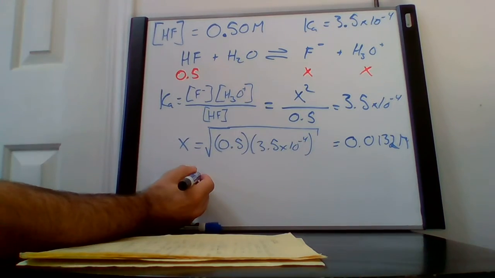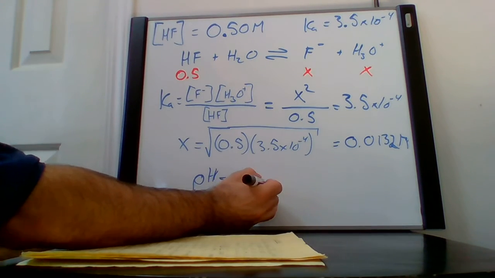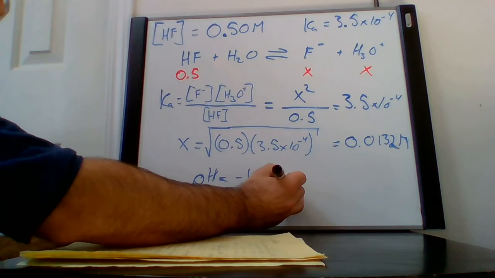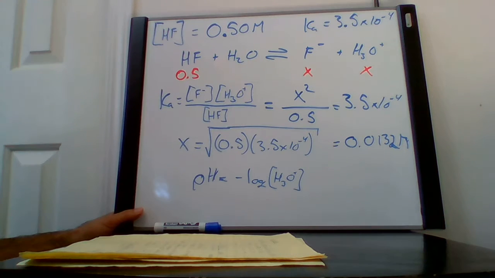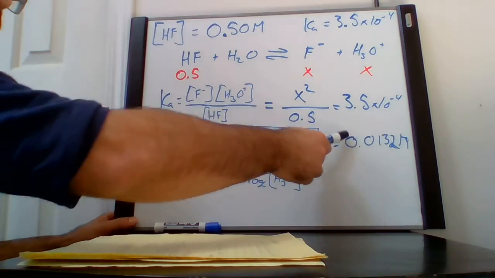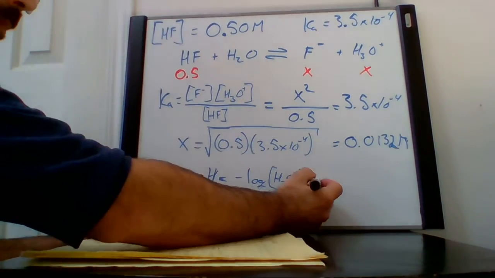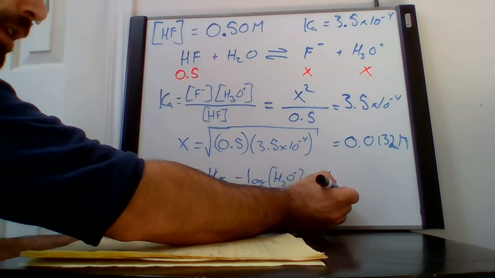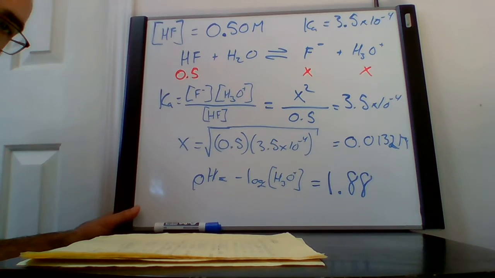Well, we know that pH is the negative log of that H3O plus concentration. So when I plug into my calculator the negative log of this 0.0132 molar, I get a pH of 1.88.